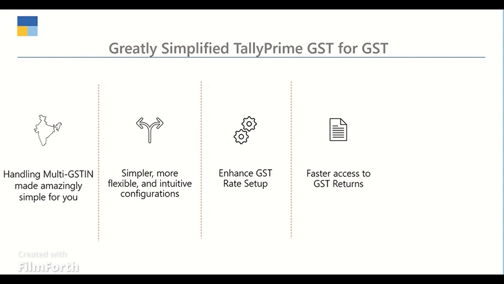So there is a need to open this report multiple times in a month. This should be a better experience, and we have ensured that in release 3.0, along with a more seamless reconciliation experience. So these are the five aspects we have covered in greatly simplified Tally Prime for GST in release 3.0.